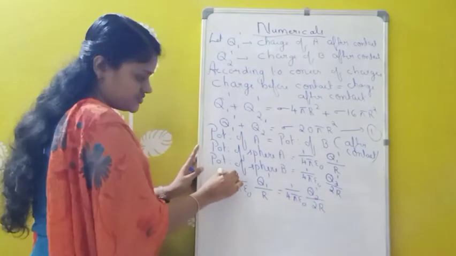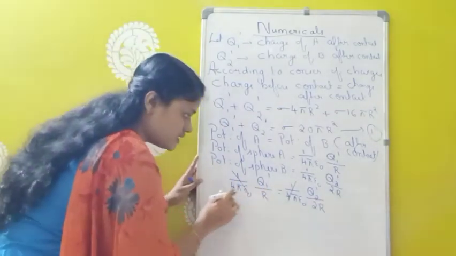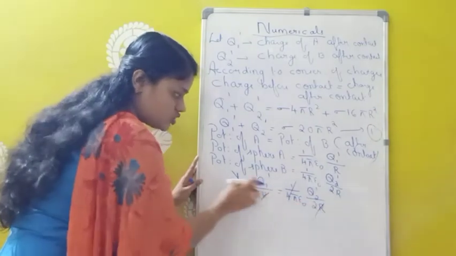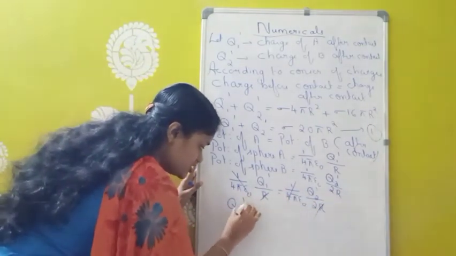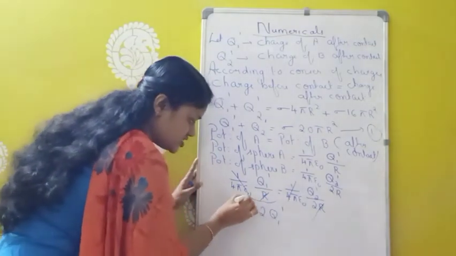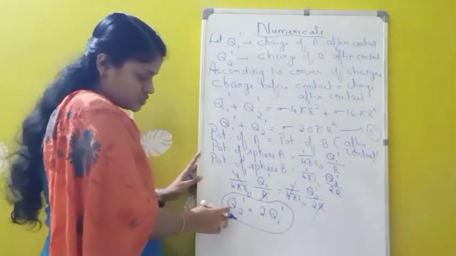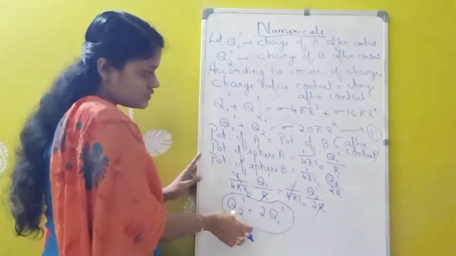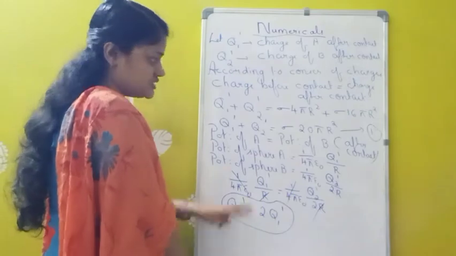Equal terms cancel, 1 by 4 pi epsilon 0 and the R. Cross multiplying, we get Q2 dash equals 2Q1 dash. So we got a relation connecting Q1 dash and Q2 dash, and we can substitute this in equation 1.